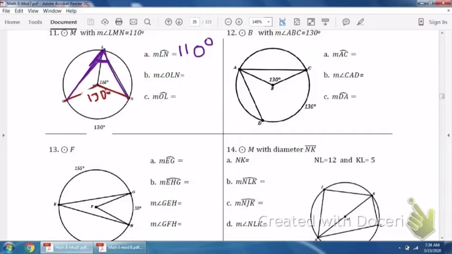So that is 130 degrees. Okay, now the angle OLN, the way you figure it out, it's just half of 130. So take that central angle, 130, cut it in half, and I believe you get 65.